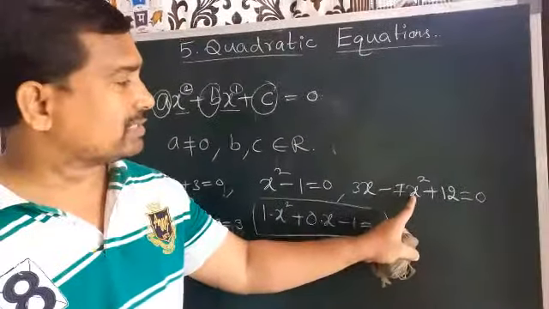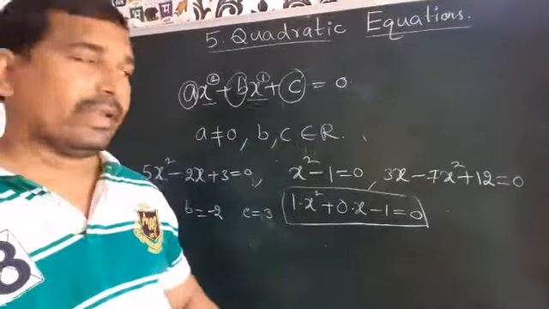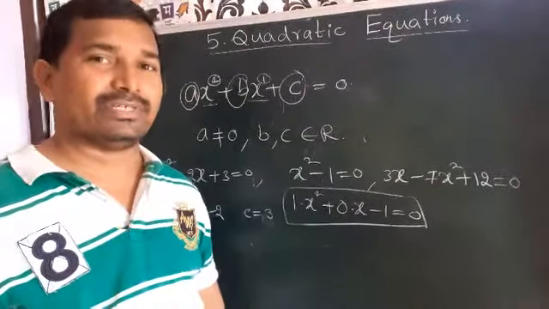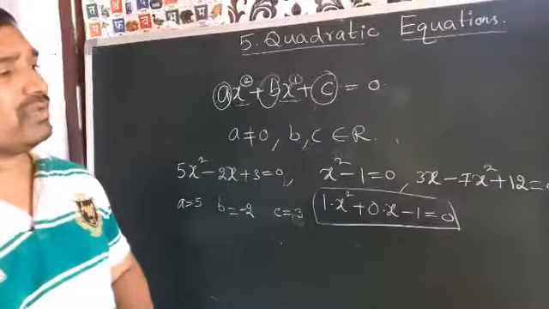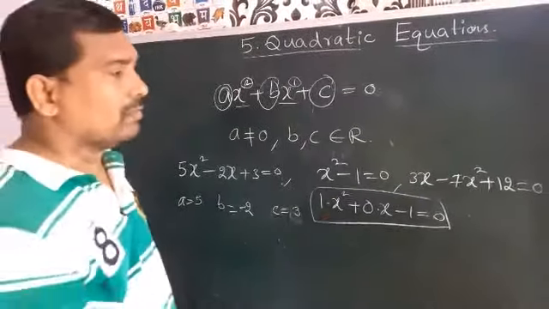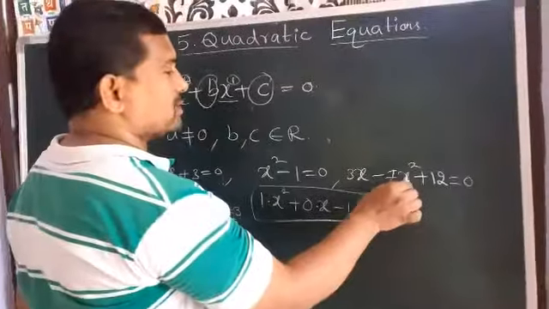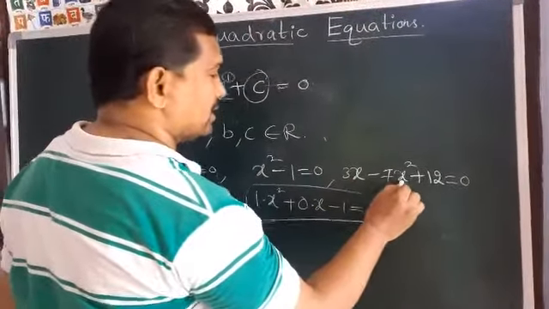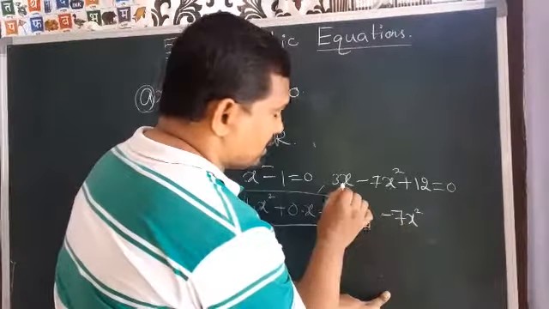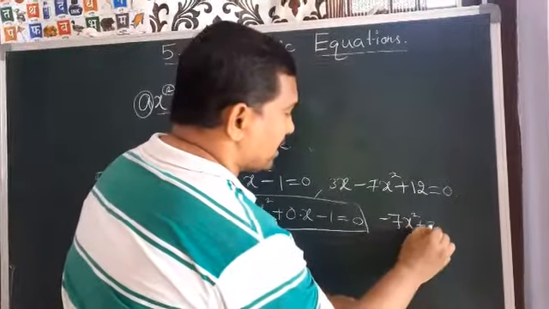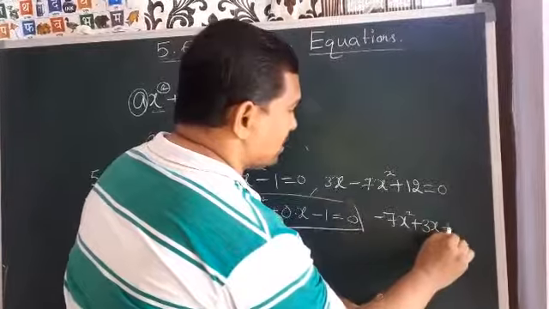Now let us go for third one. 3x minus 7x square plus 12. It is also a quadratic equation, but it is not in the order of standard form. So we can convert into standard form by writing x square as a first term. Let us write this one, minus 7x square. Next x term plus 3x. Next constant plus 12.